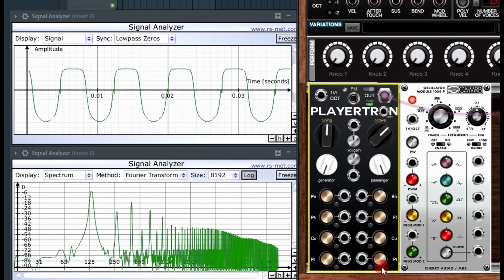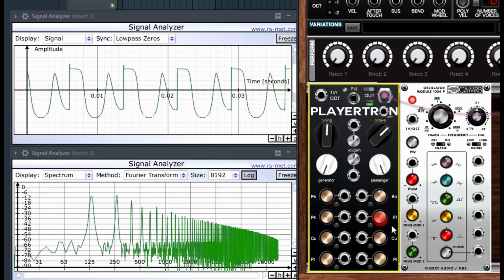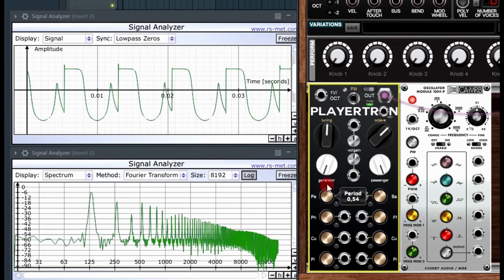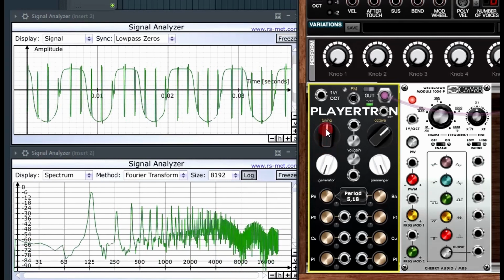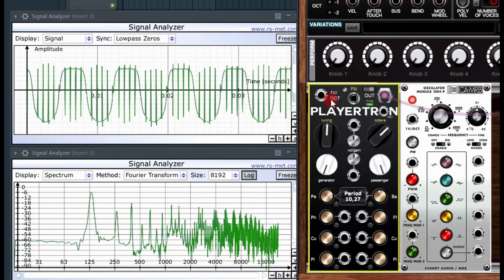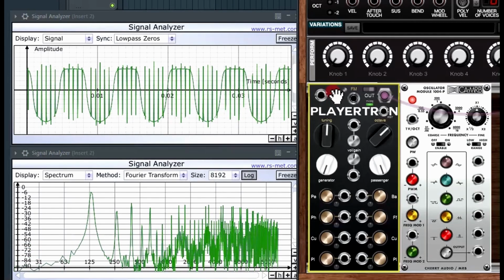Let me change the duty cycle a bit and we come to shapes and sounds and spectra similar to what we had before, but once again here, isn't it nicely to be seen what really happens between passenger and generator when we tweak the period parameter.